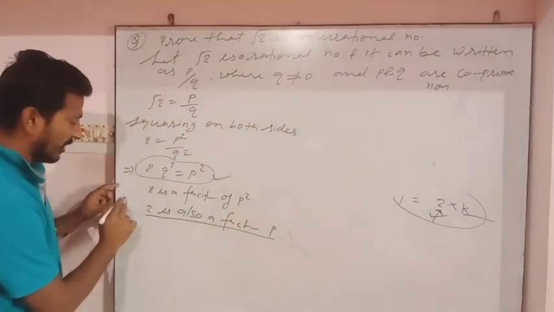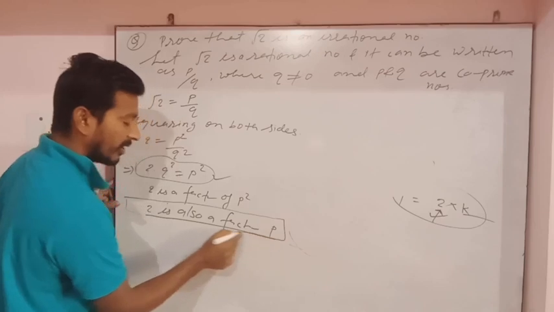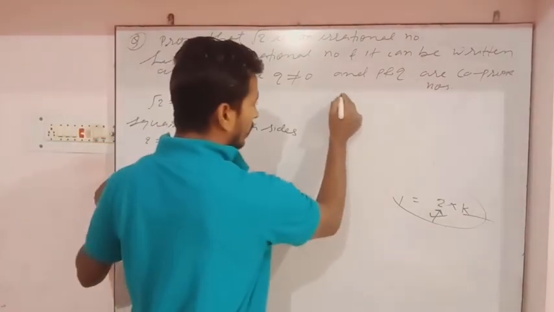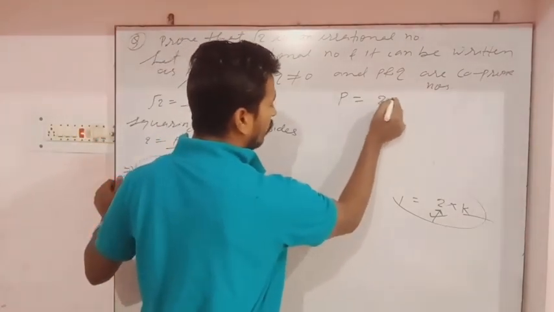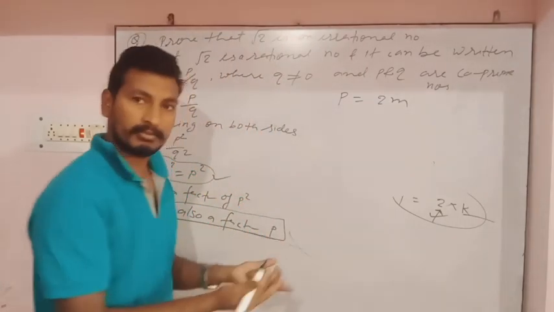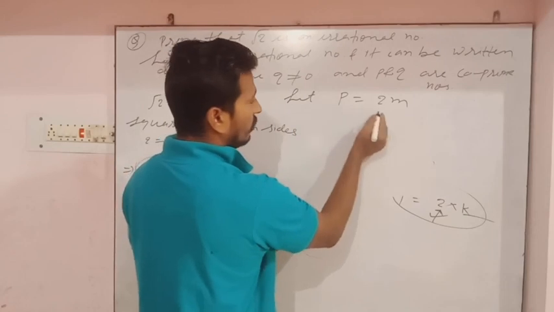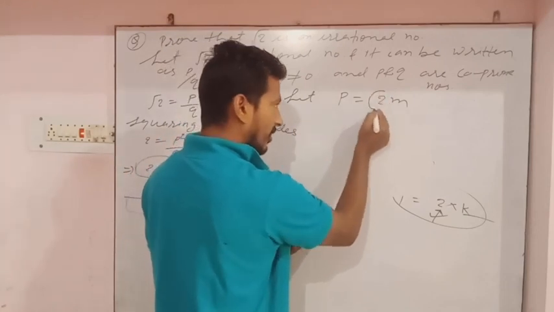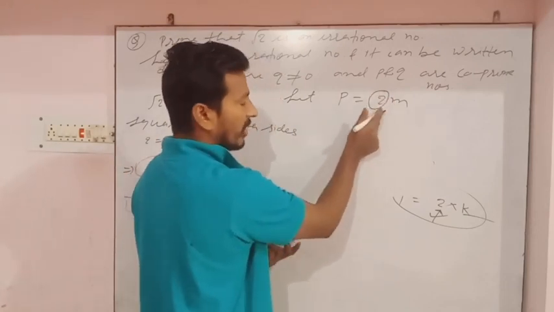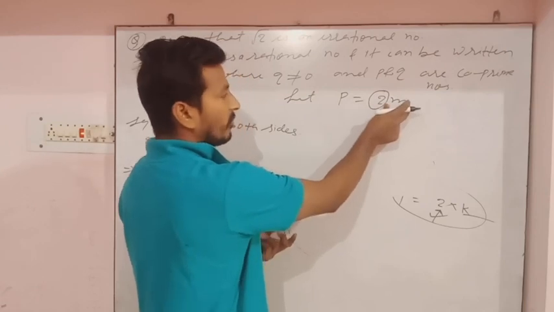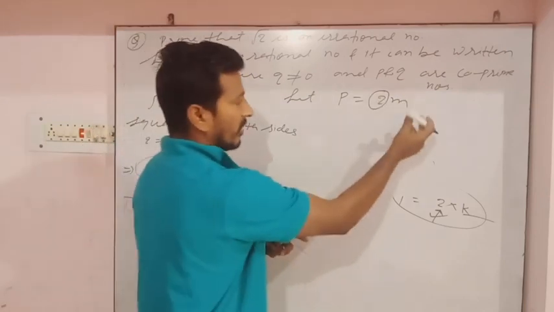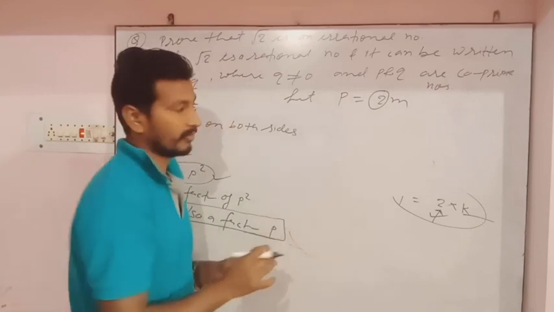So from this statement, 2 is a factor of p, it is saying that p is equal to 2 into m or 2 into k. So let p is equal to 2m. Why have we kept 2 here? Because 2 was the factor, and because we don't know the other factor, that's why we put m here.